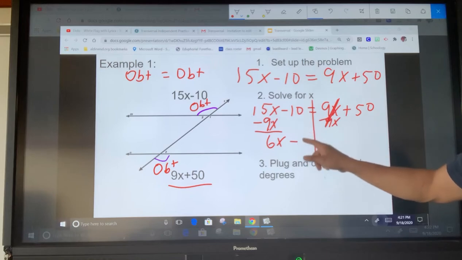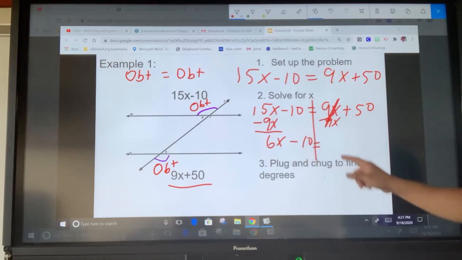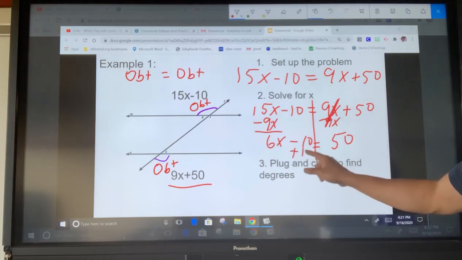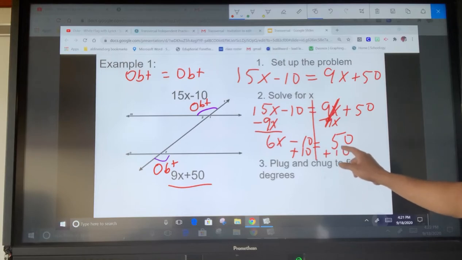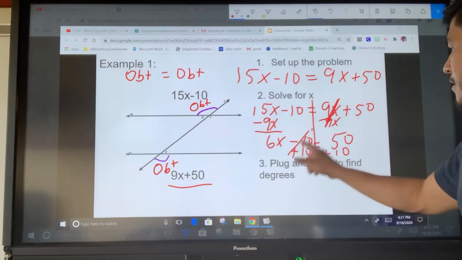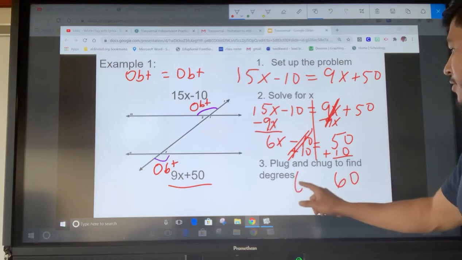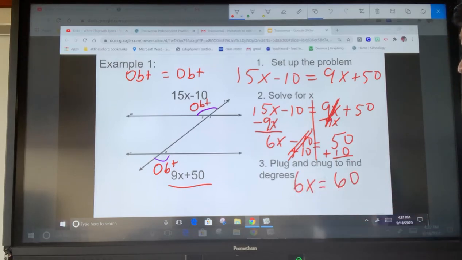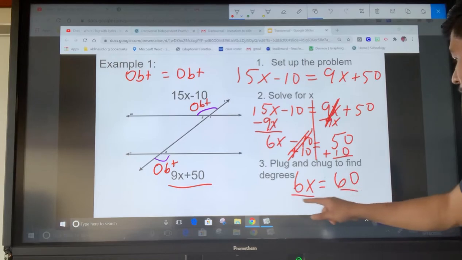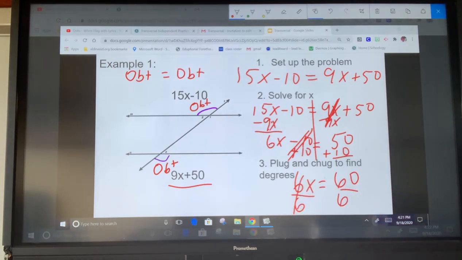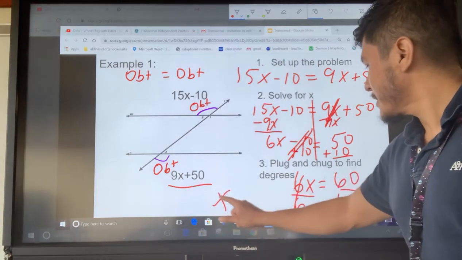Minus 10, bring that down, and bring the 50. Here we need to leave x by itself, so we add 10 on both sides. This cancels, this becomes 60. So 6x equals 60, divide by that variable, and now we have that x equals 10.